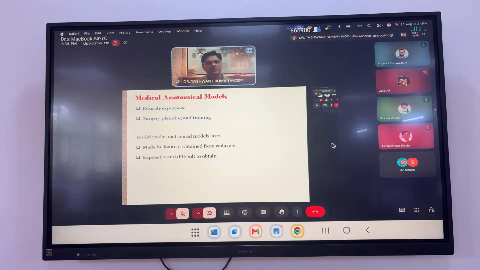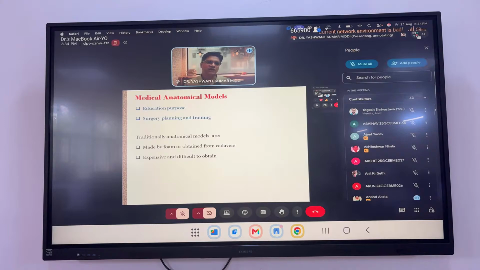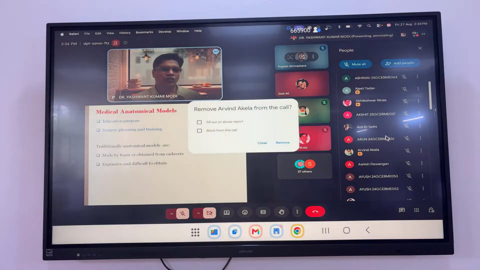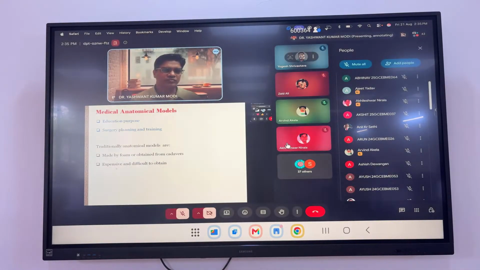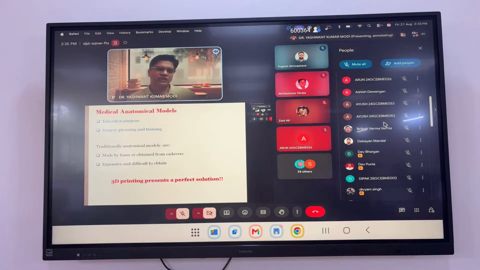So let us see the medical anatomical models first. Anatomical models printed using 3D printing technology are basically used for two purposes. First is education, and second is surgery planning and training, especially in the medical area. Traditionally, suppose there is a medical college.